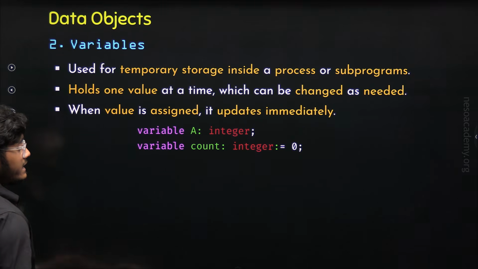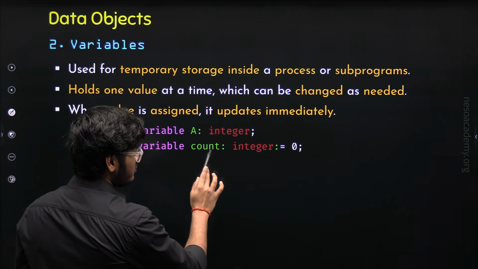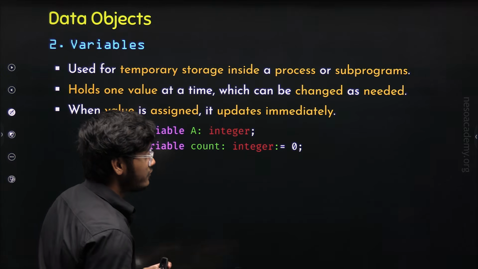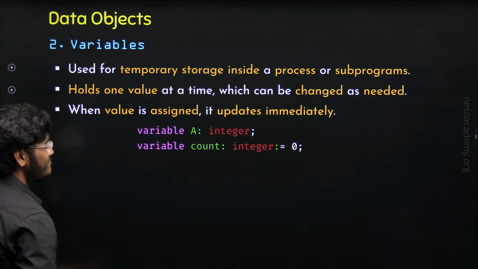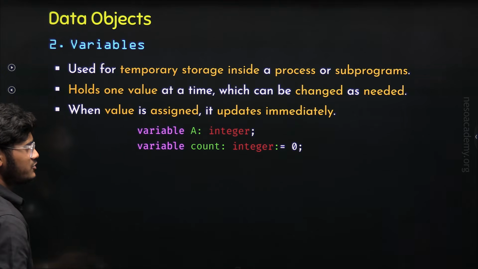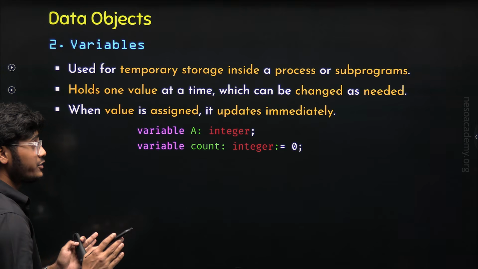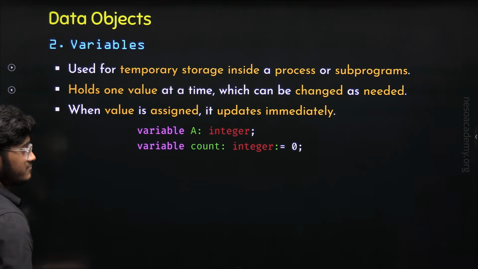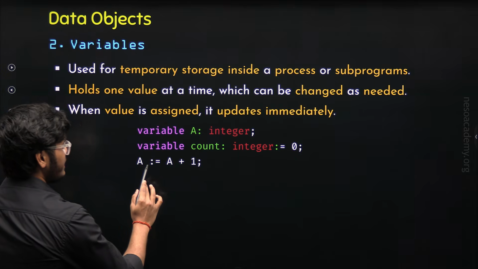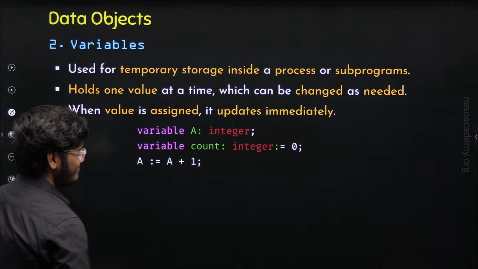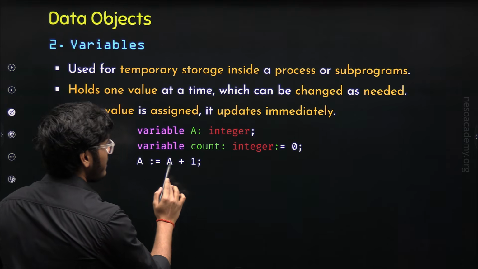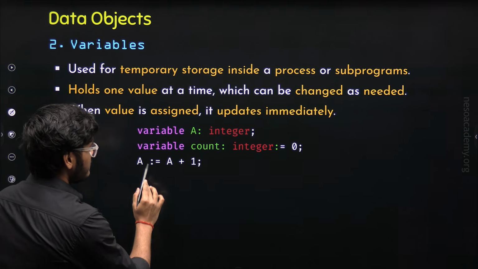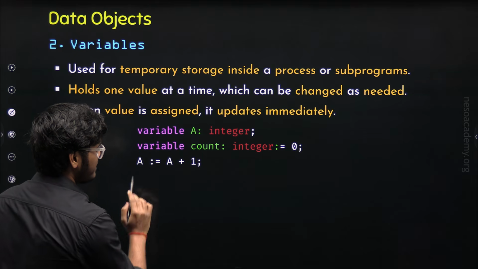So, we are declaring a variable named count and assigning a fixed integer value 0 to this variable count. Now, the other way to assign a variable without using the keyword variable is by using the variable assignment operator. So here we are assigning a to a plus 1 using this variable assignment operator.